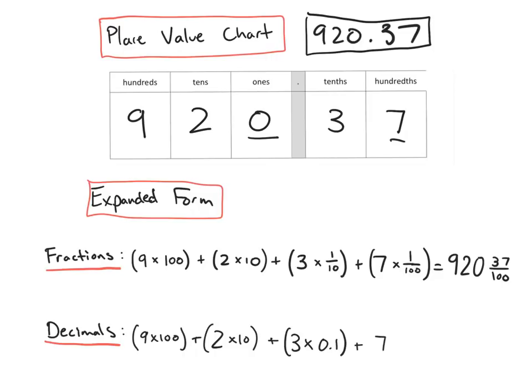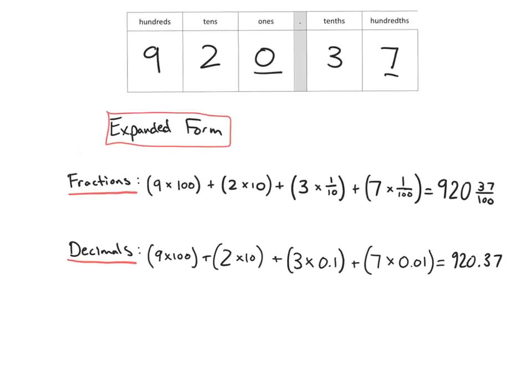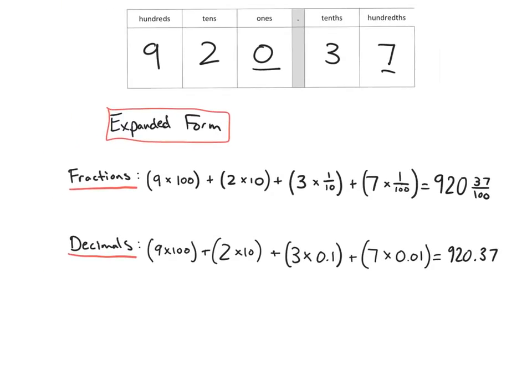And then 7 in the hundredths place, I'm going to represent 1/100th as a decimal as well. And this gives us 920 and, oops, not 7 first, 37 hundredths.